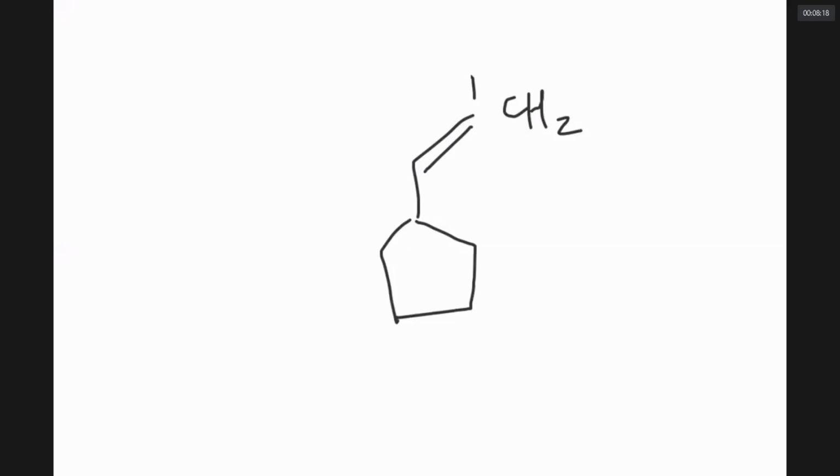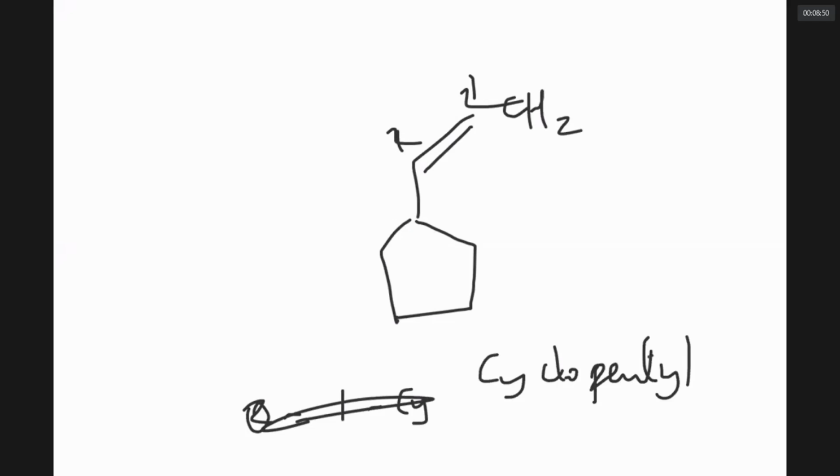So this is a functional group, ethene. 2-cyclopentyl, or I would say 1-cyclopentyl. Always I can count like this, right? 1-cyclopentyl, or simply cyclopentyl ethene.